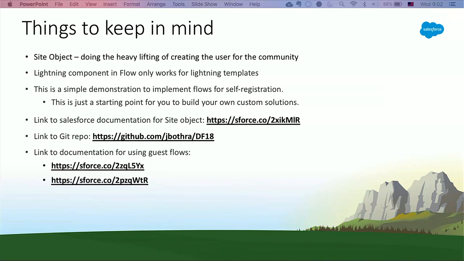And here are links to the documentation on the Site object that I just showed you, the repo that has this particular code, and more documentation on flows for the guest user, with more detail on how you can build something around this.